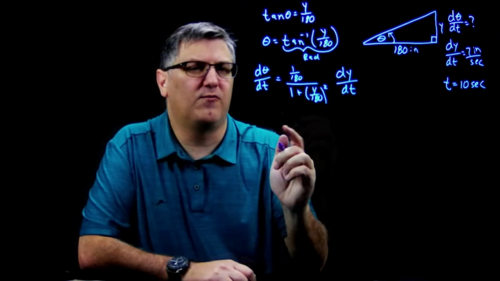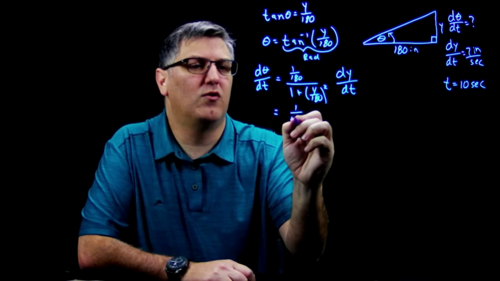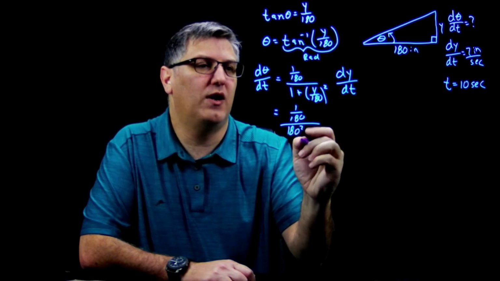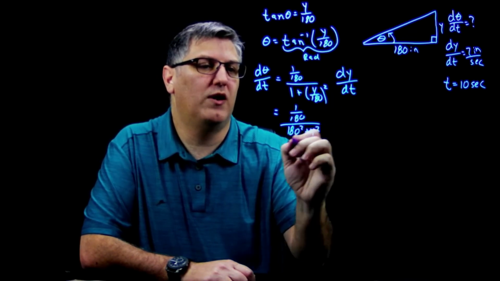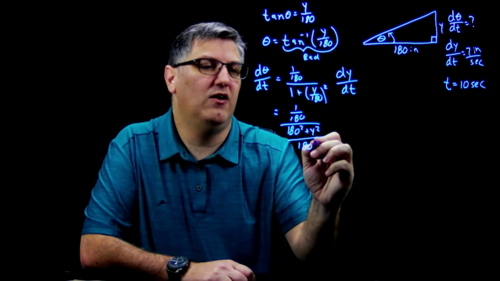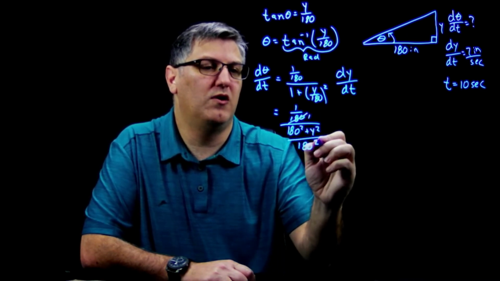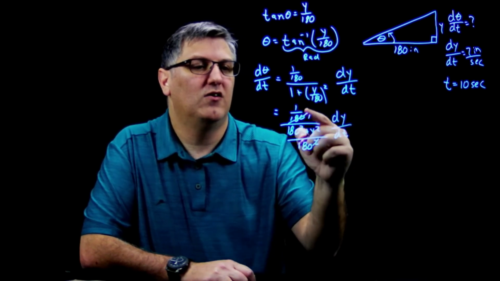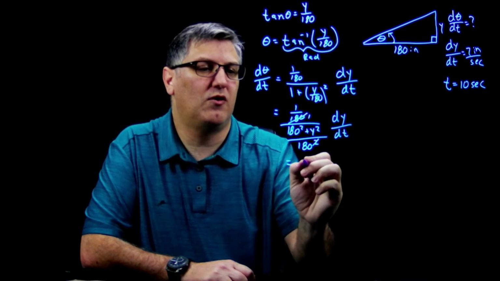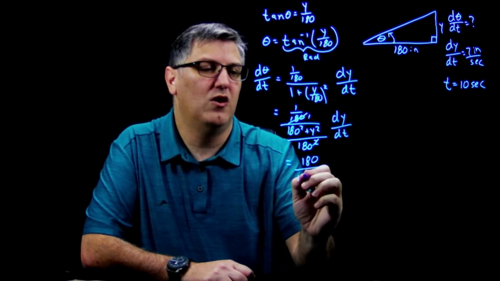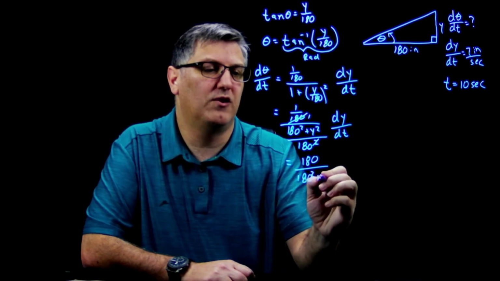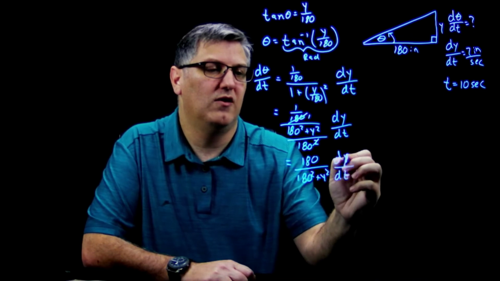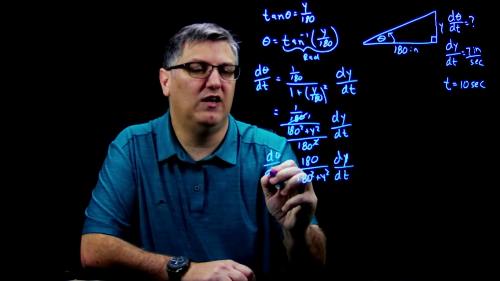I'm going to have 1 over 180 over 180 squared plus y squared over 180 squared, times dy dt. This means just take the reciprocal of this. So I'm going to have 180 over 180 squared plus y squared, times dy dt. And this is my d theta dt.